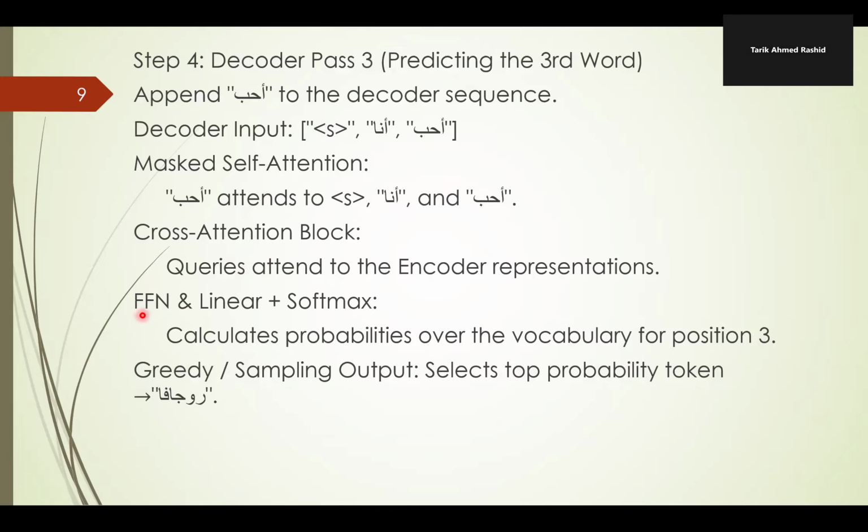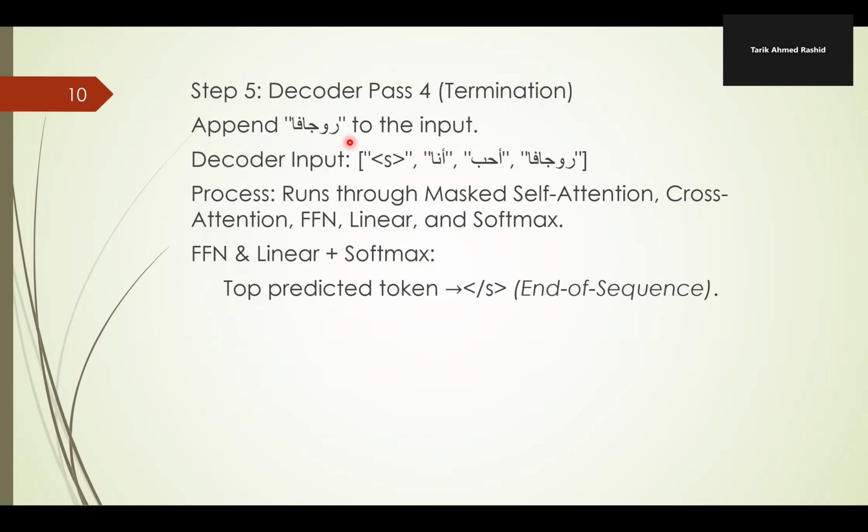Then it will be passed to the feed forward network, then linear, then softmax. Then we will predict Rojava.